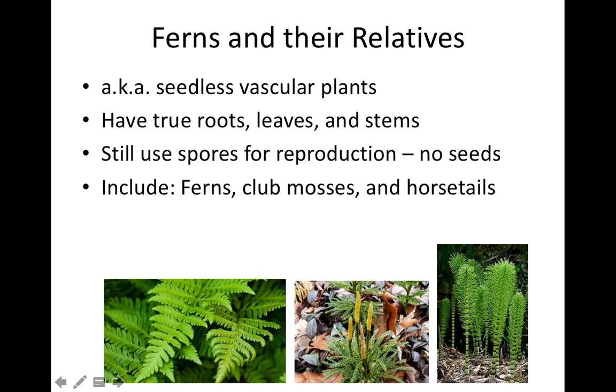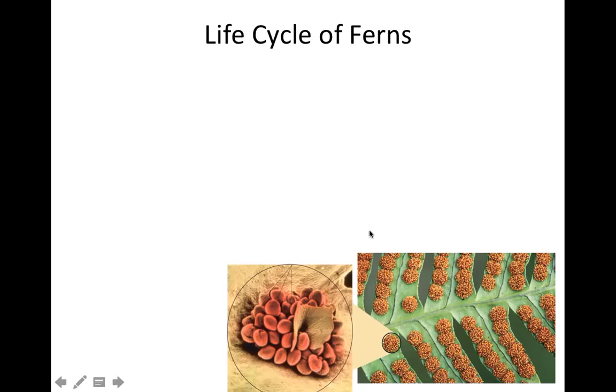Horsetails are another type of plant, and these actually grow quite tall, so you can really see how impressive the vascular tissue development is. For the most part, the rest of the slides will focus on the life cycle of ferns. Just keep in mind it's pretty similar with these as well.